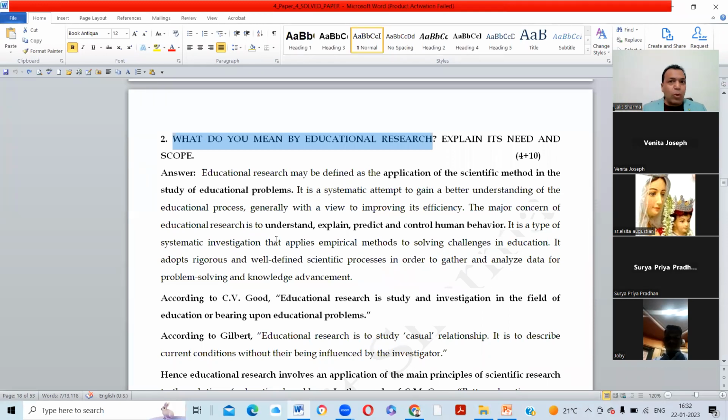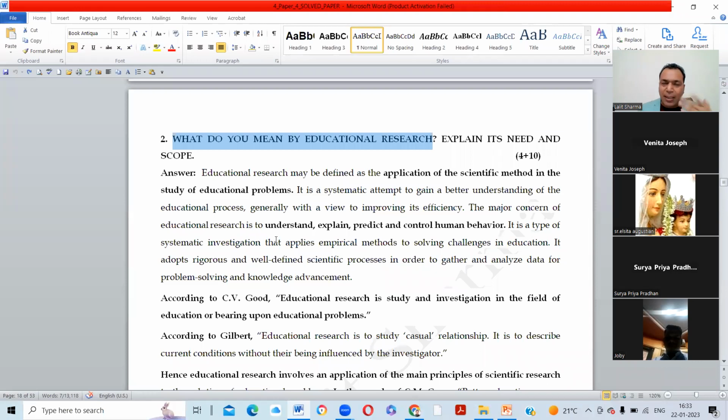You know that within 35 or 30 minutes you have to finish your paper, 7 pages you have to fill. Divide it: only 2 pages for educational research, and the rest of the 5 pages, including conclusion, for the need and scope of educational research.